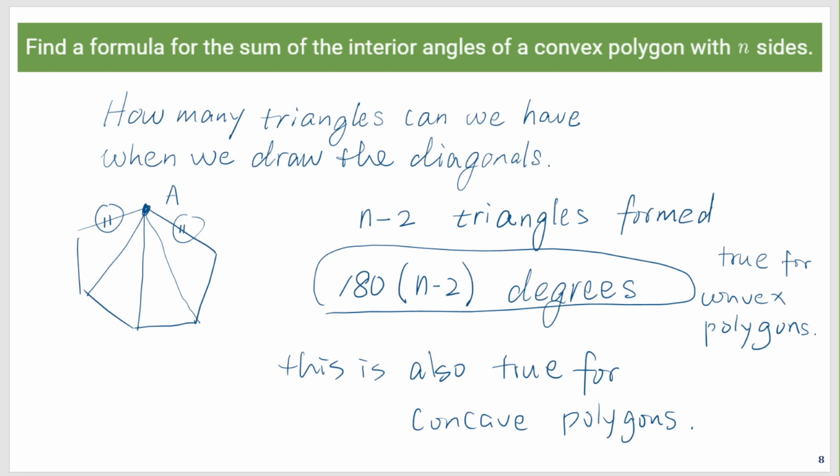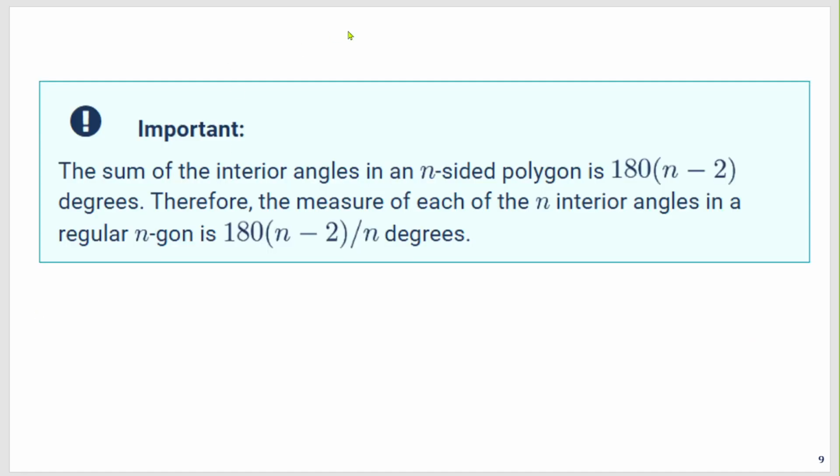Okay, so in summary, we have the relationship between the sum of the interior angles and the number of sides for an n-sided polygon. The sum of the interior angles in an n-sided polygon is given by this formula, 180 times n minus 2 degrees.